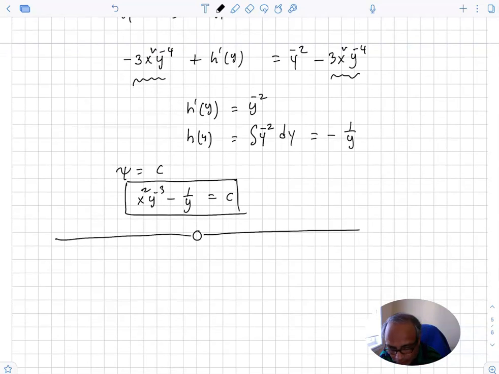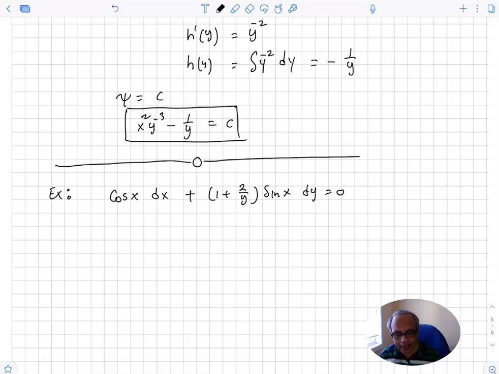And I'm going to show you a second example in which I have cos of x times dx plus 1 plus 2 over y times sine of x dy equals 0.